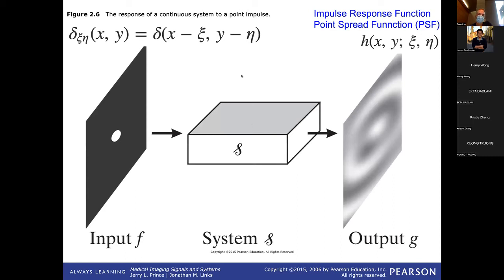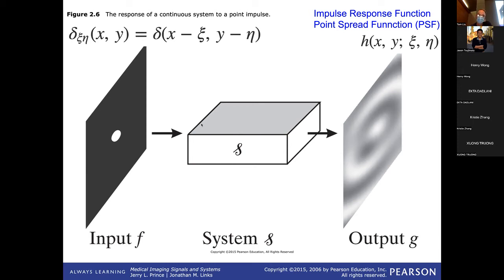And so here is that picture again, where we have some input. We have the system, our imaging system, that is going to take that input and create an output. Okay. So what mathematical tools do we have to actually write down what this system will do to our signals?